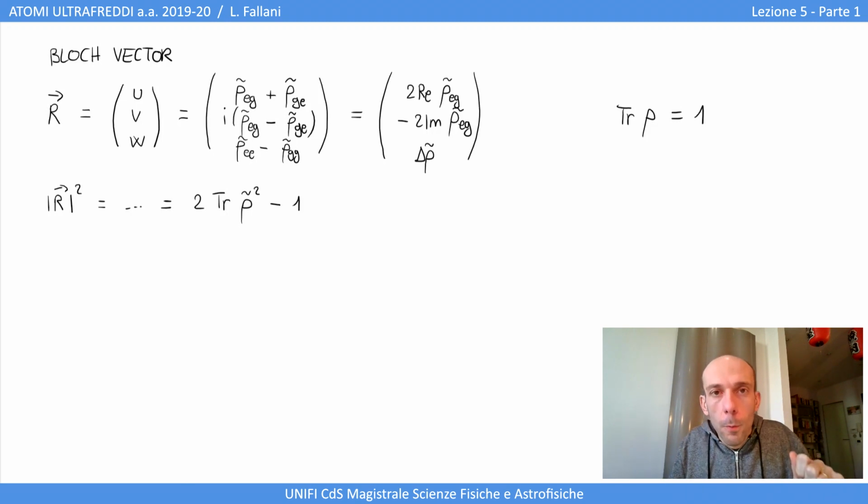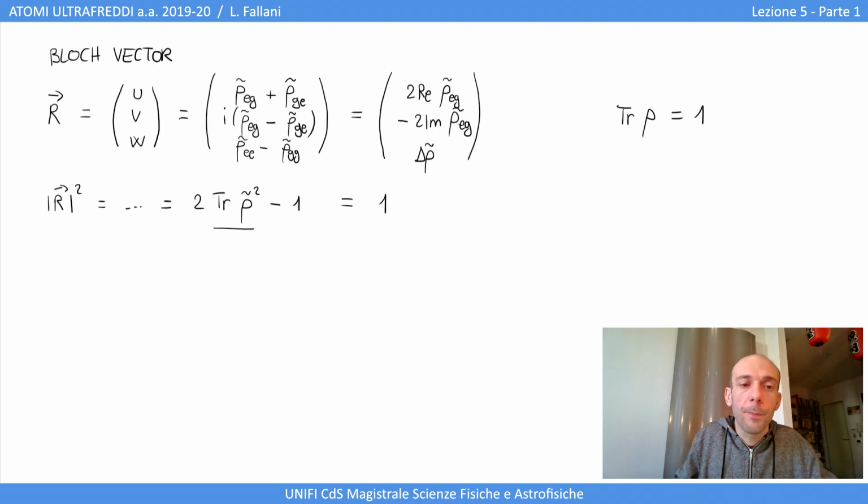So now, from this expression, we can derive an interesting result, because we already know the connection between the trace of rho square and the purity of a quantum state. In particular, if the trace of rho square is equal to 1, this means that the modulus of a Bloch vector is equal to 1. So this corresponds to a pure quantum state.